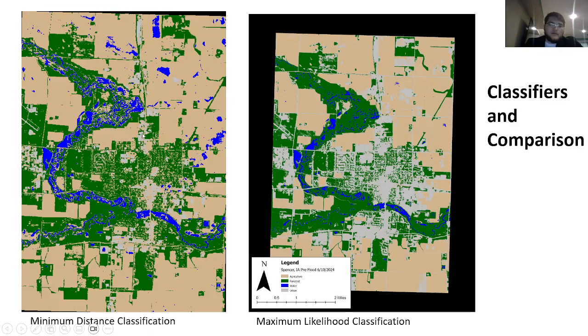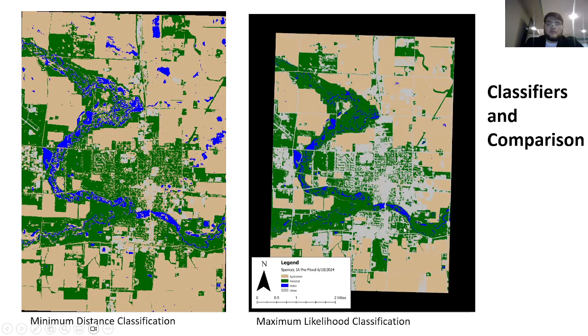So when doing the minimum distance classification, that gave us some different estimates that were incorrect. If you see the differences between the minimum distance and the maximum likelihood, you can see that minimum distance is a lot less urban area, where the maximum likelihood more accurately represents the urban area.